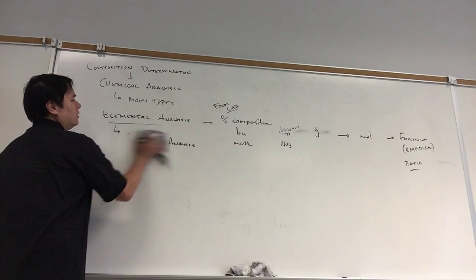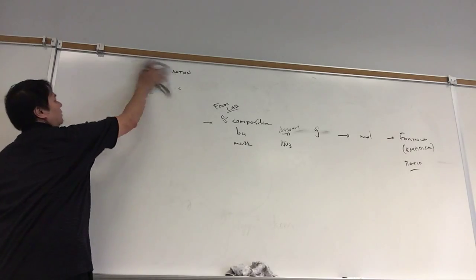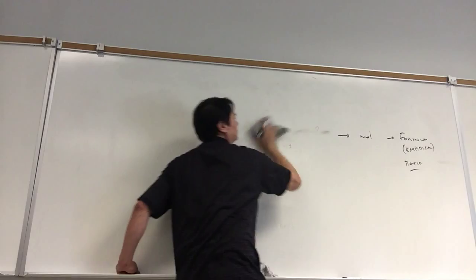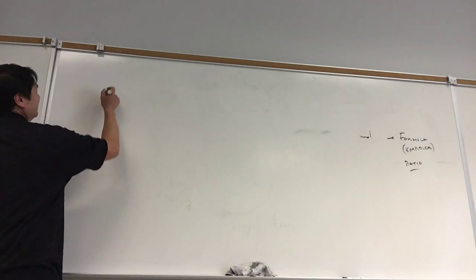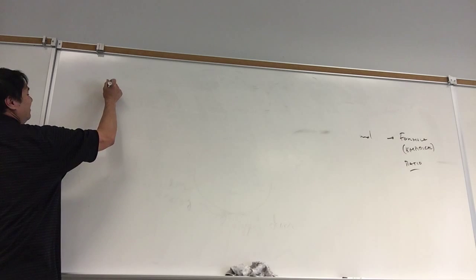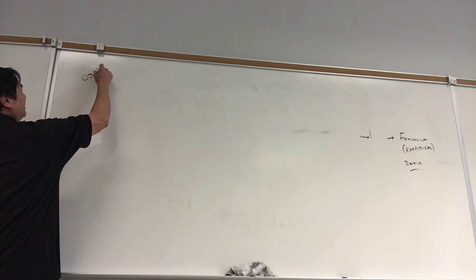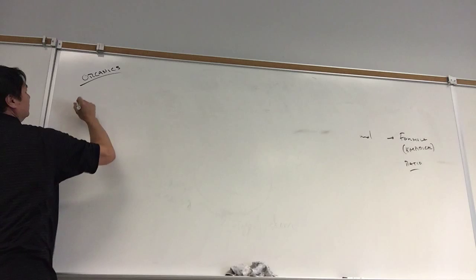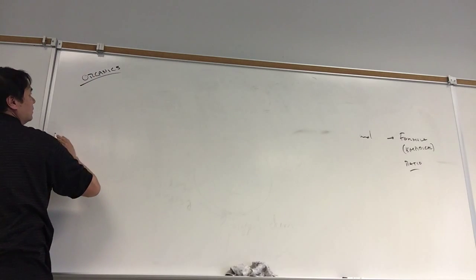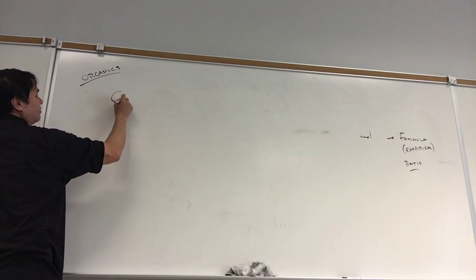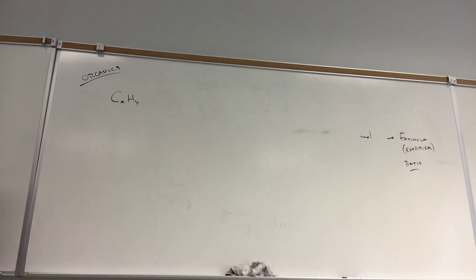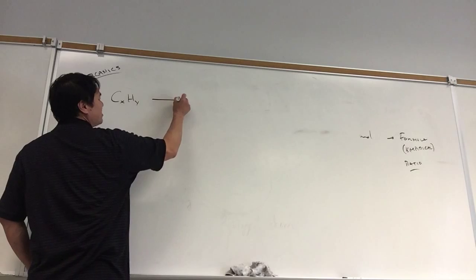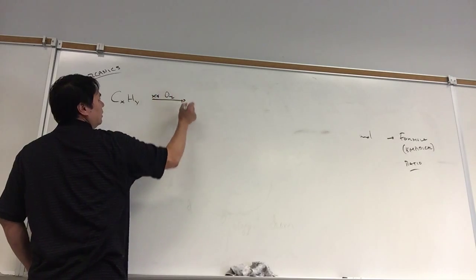Let's take a look at combustion analysis in some more detail. We have these organics, and the simplest organic would be a hydrocarbon, CxHy. You burn this in excess O2, and what do you form?